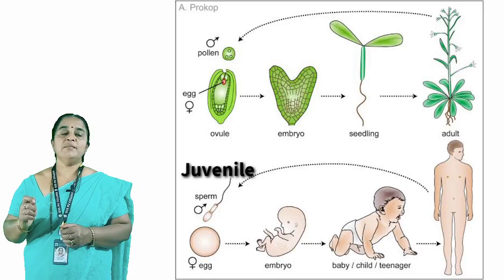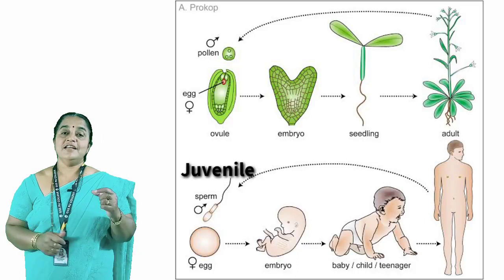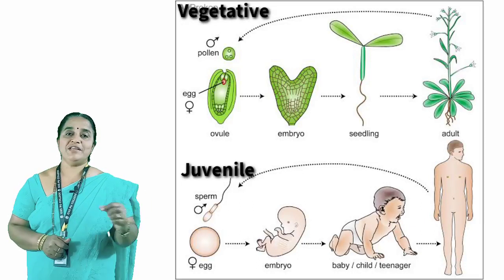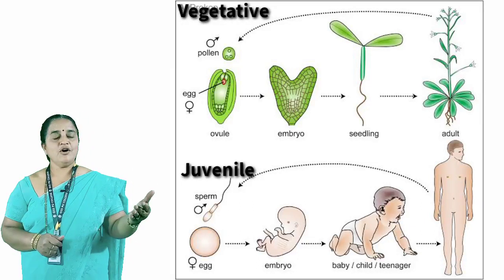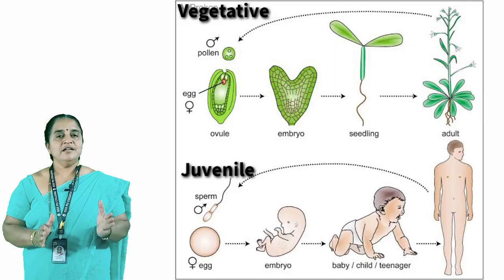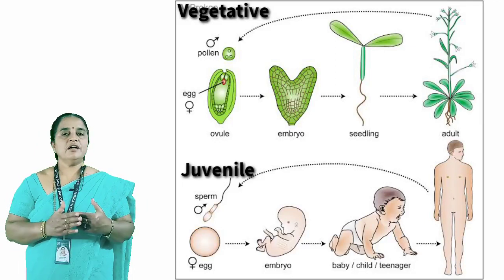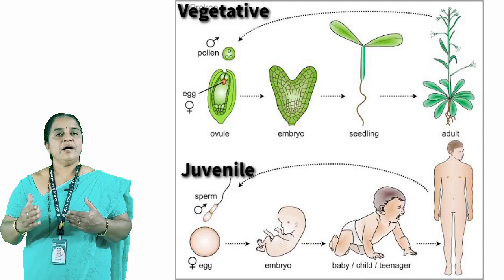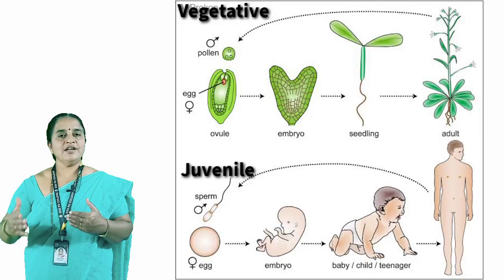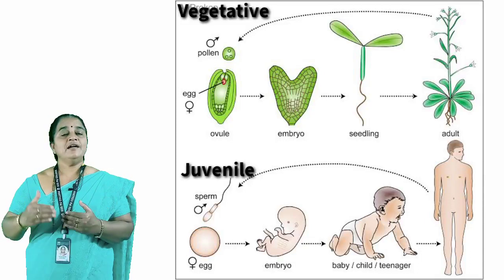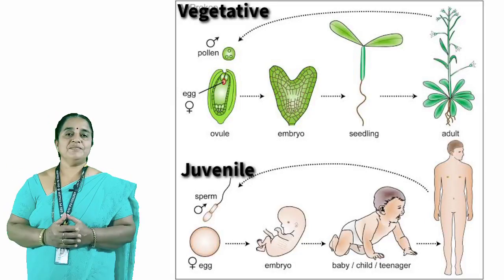And when you are talking about the lifespan of plants, you have to use the word vegetative phase. In the juvenile or vegetative phase, the young one continues to grow by cell division, cell elongation, cell differentiation, and overall development, and tries to attain maturity.